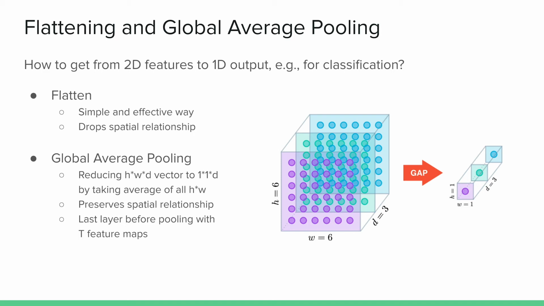So that's the global average pooling, and it just takes the average of all of those inputs from one feature map and produces a single output. And that way it preserves the spatial relationship, and it can be an alternative to this flattening and then creating the output.